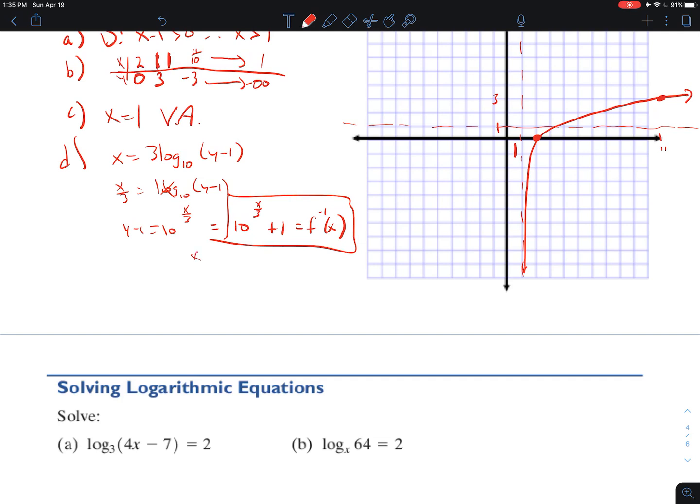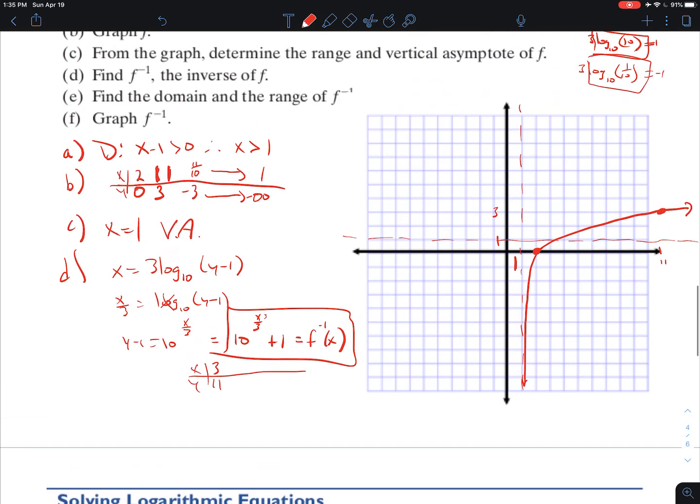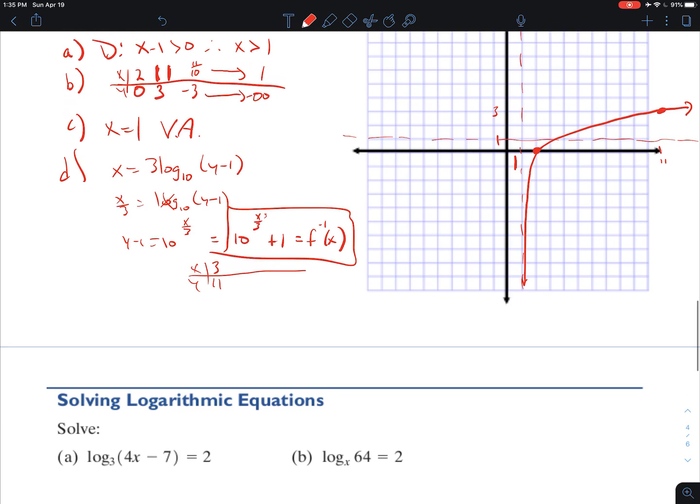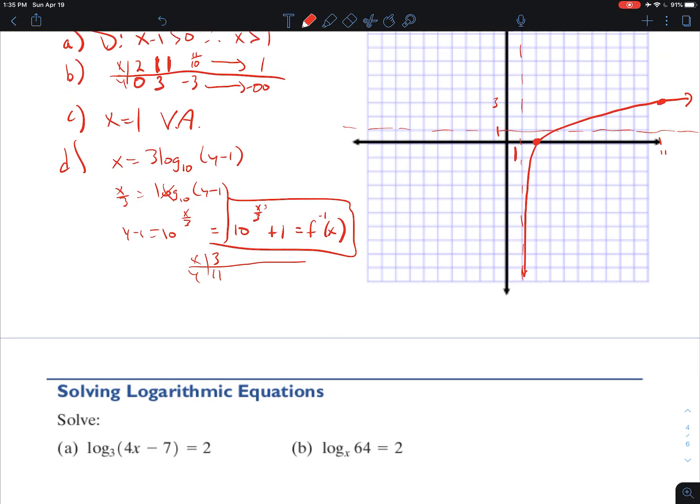Let's see, a value here that would make sense just to make my life easy. If I plug in a 3, maybe that's good, because then I get 10 to the first power, which is 10. 10 plus 1 is 11. Okay, well, (3, 11). So 1, 2, 3, 11 is right there. Some other point that I could plug in.